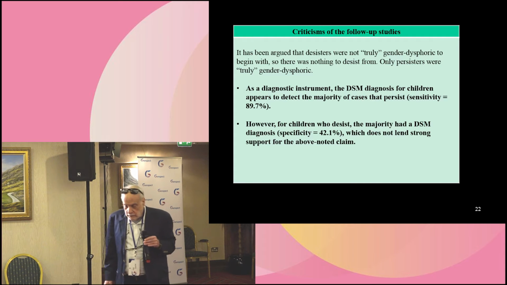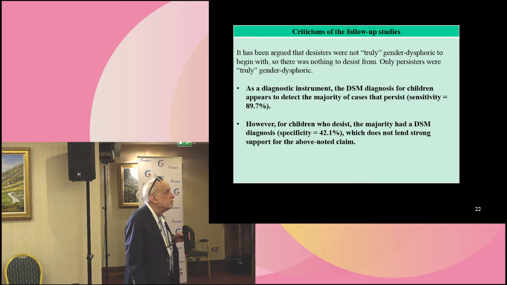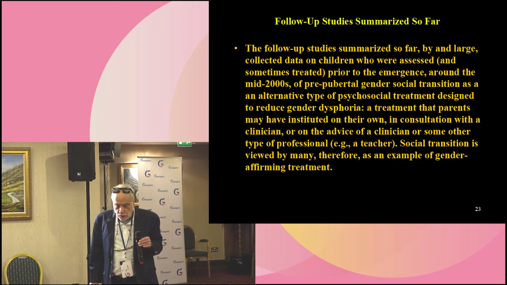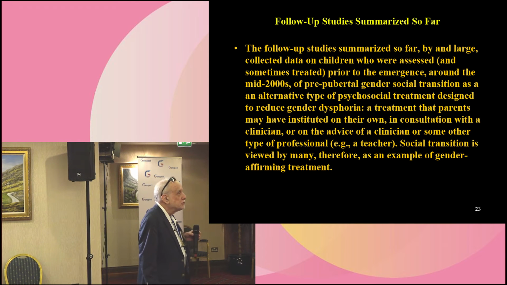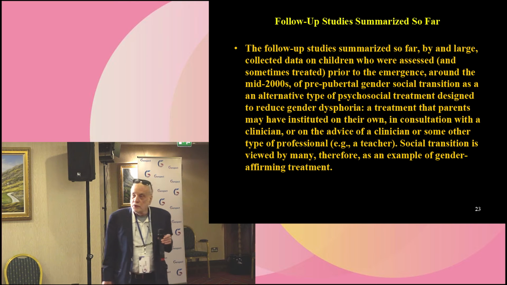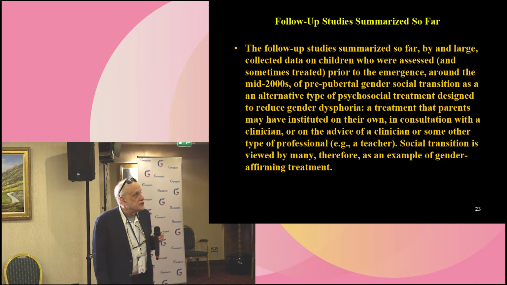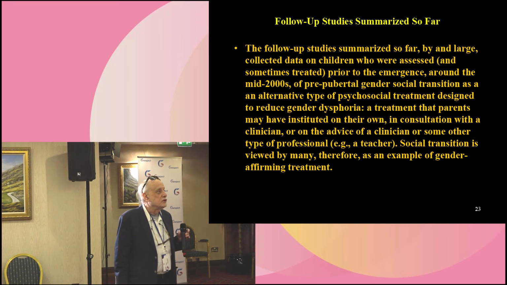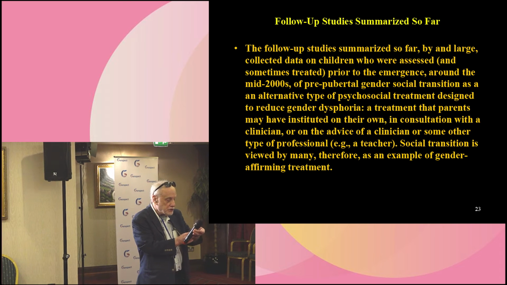Now, these follow-up studies that I've mentioned, and this also builds on something Professor Biggs was talking about, were assessed and sometimes treated prior to the emergence, around the mid-2000s, of pre-pubertal gender social transition, which is really an alternative type of psychosocial treatment designed to reduce gender dysphoria.